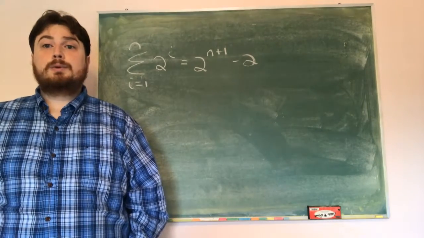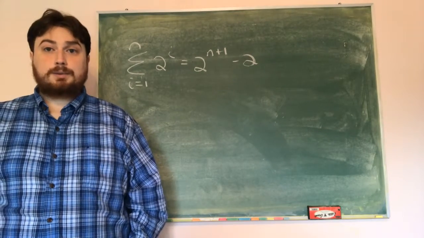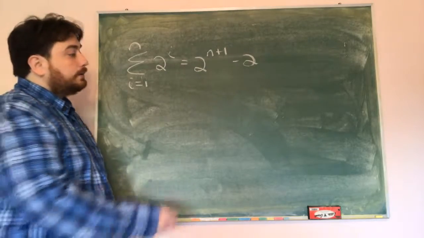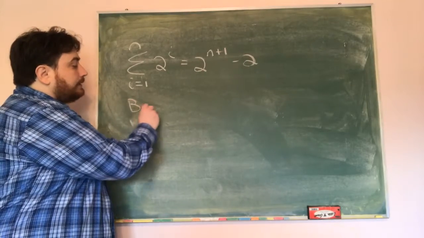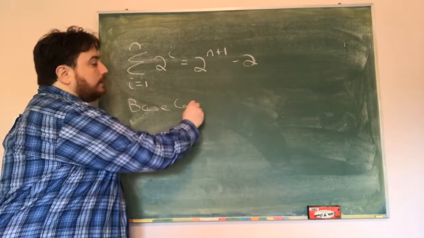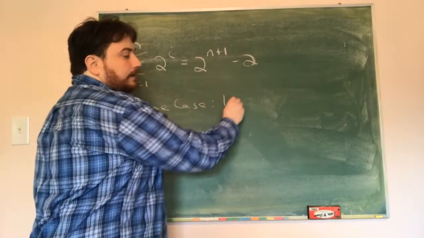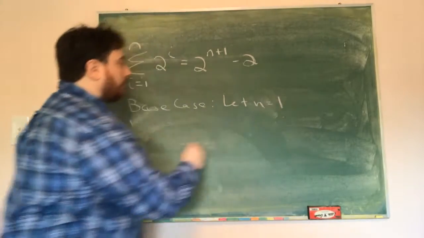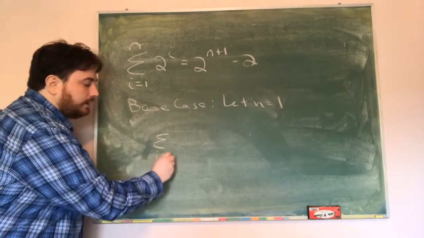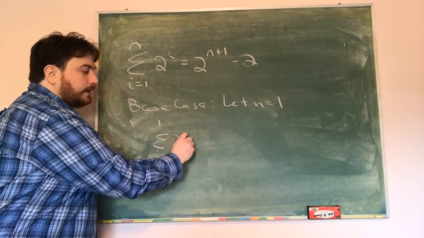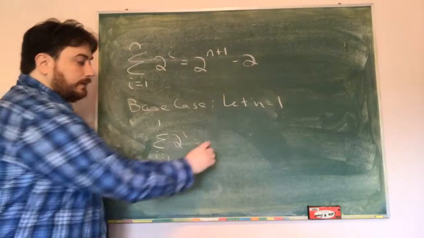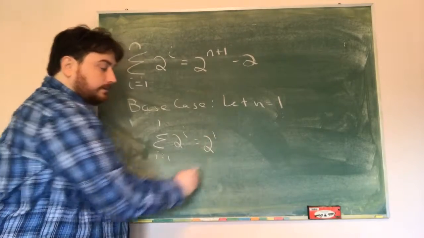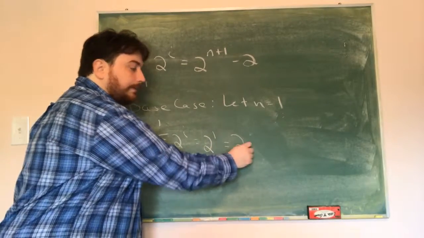Therefore, in order to start this proof, we're going to let n equal 1, and we're going to see what both sides of the equation look like. And so our base case is: let n equal 1. Then the sum from i equals 1 to 1 of 2 to the i is just equal to 2 to the 1, which is just 2.